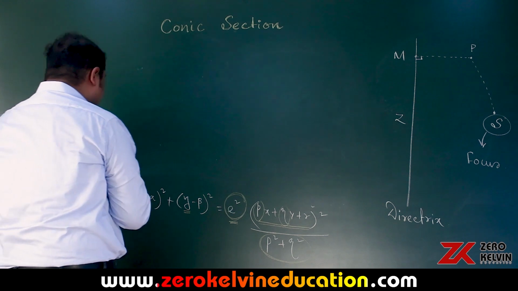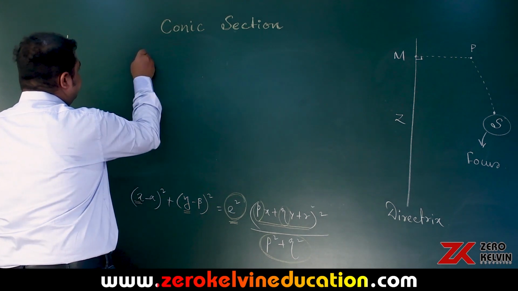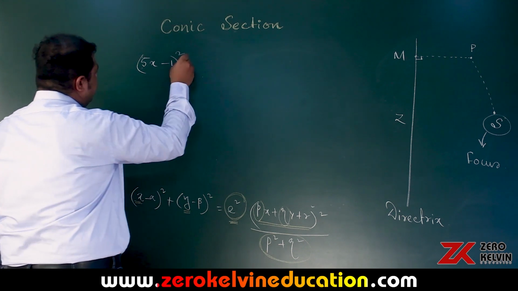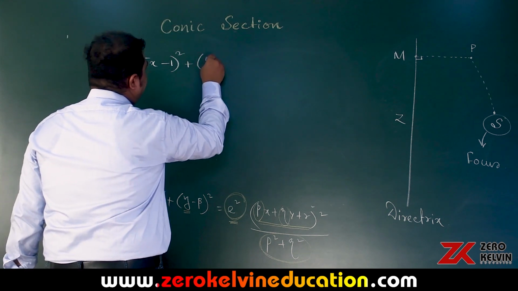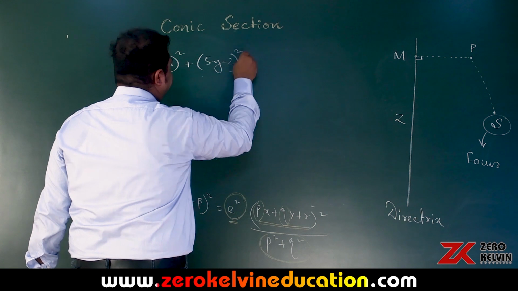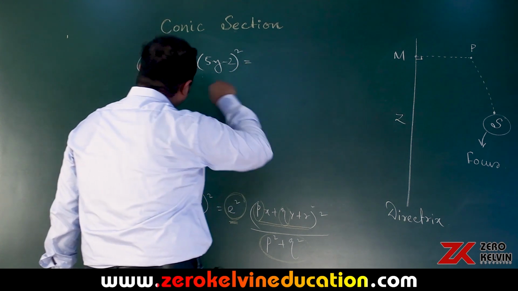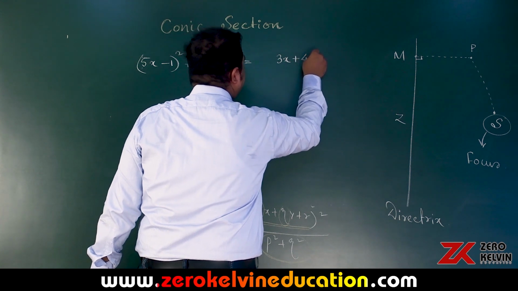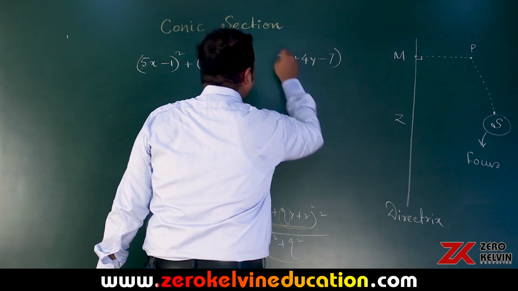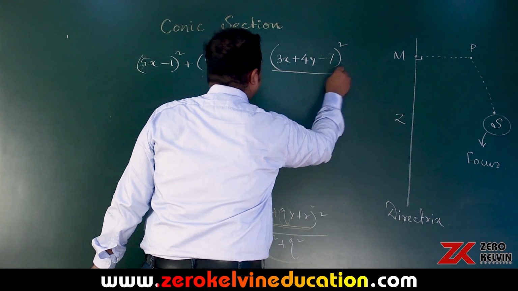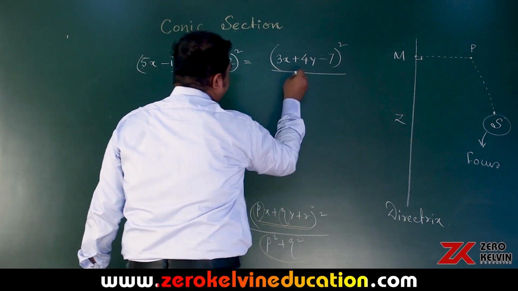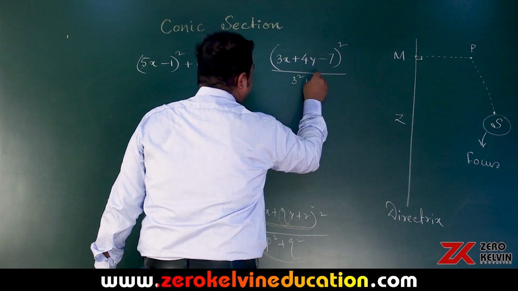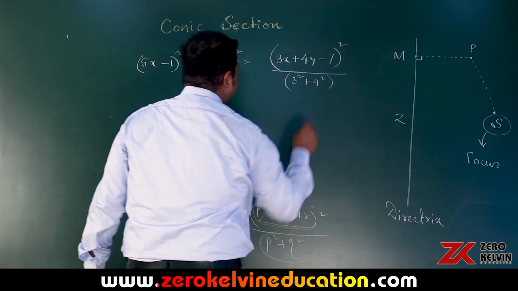Say we have been given an expression in the form (5x − 1)² + (5y − 2)² = (3x + 4y − 7)² / (3² + 4²).